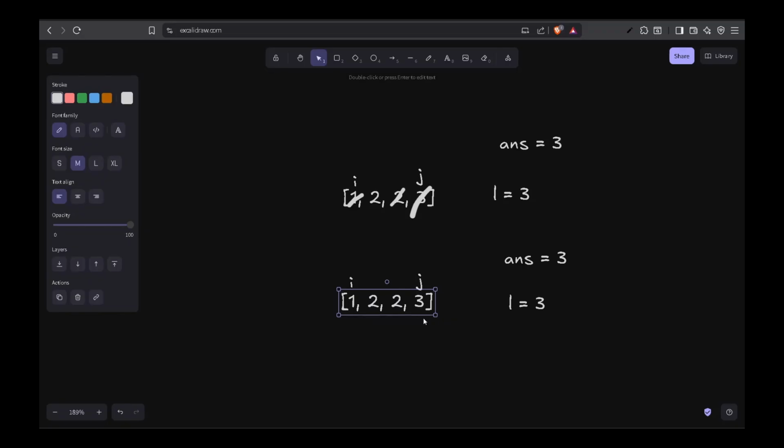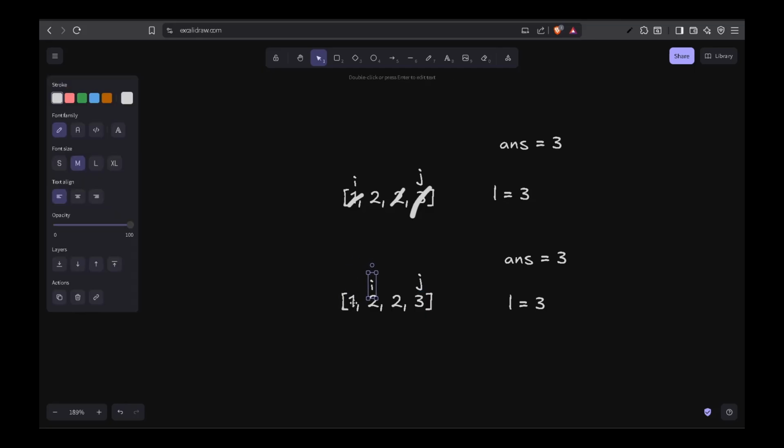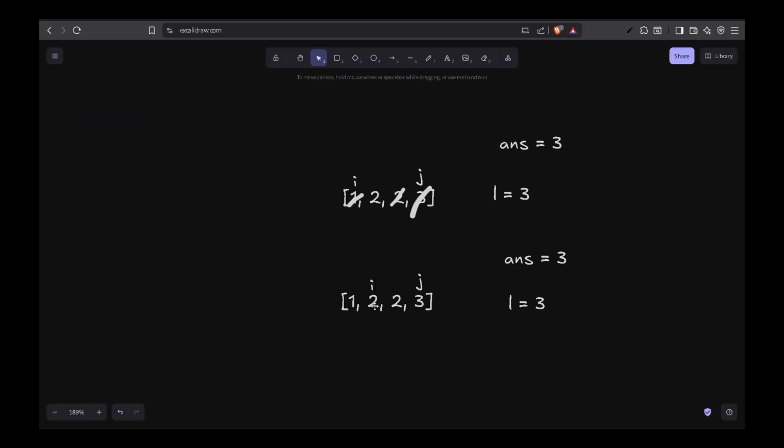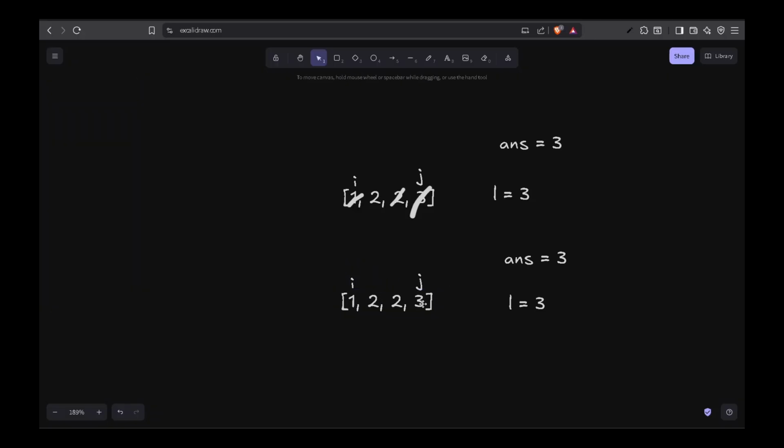This is the largest of all the available numbers. If the largest number cannot be sent combining with the smallest number, when we move forward we'll get numbers larger than this. So this number will definitely not be able to be combined with these larger numbers, right? That means if it is not possible to send the largest number with the smallest number, the largest number will not be able to be sent with any other person. So that means it has to go alone, and that's why we move j back, right?